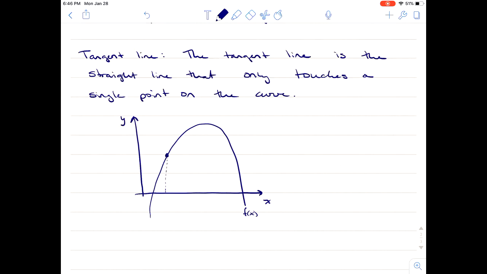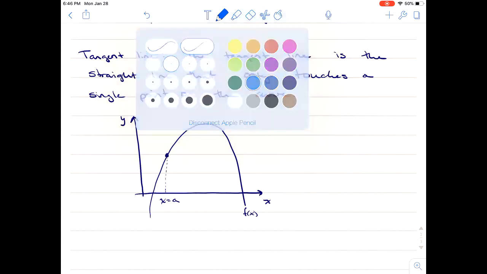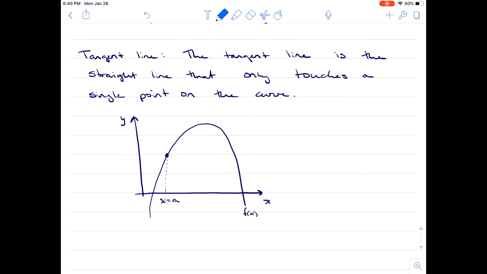Let's say here we're at x equal to a. At x equal to a, even though we can't see colors on here, there's the tangent line. It goes something like this. So it's a straight line, even though it doesn't really look that straight, but it's supposed to be straight.